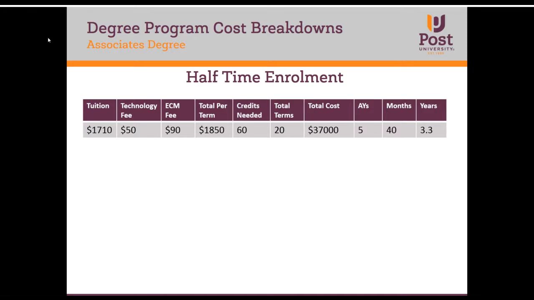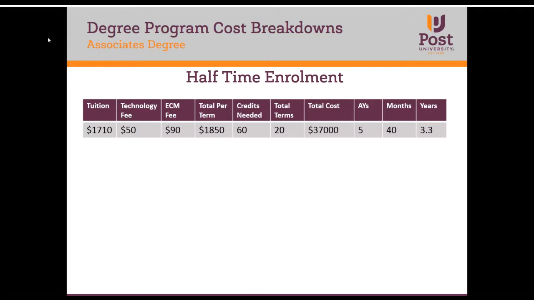Half-time or full-time doesn't really matter. For an associate's degree, you need 60 credits. That 60 credits is going to be 20 terms because it's 20 classes. And your total cost is going to end up being about $37,000. This is, again, assuming a student doesn't fail and have to retake a class or any situations like that happen.